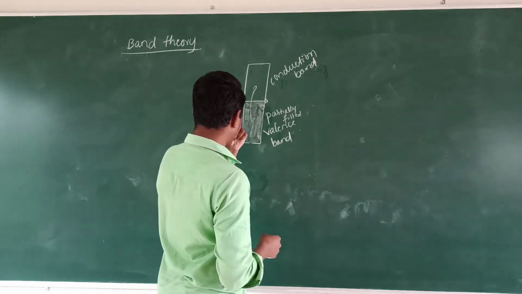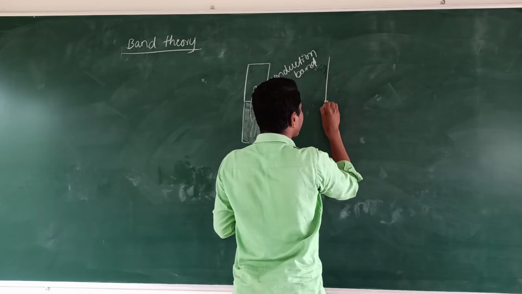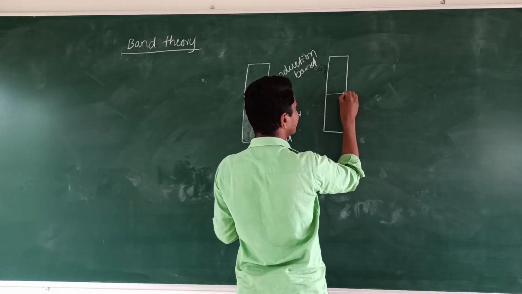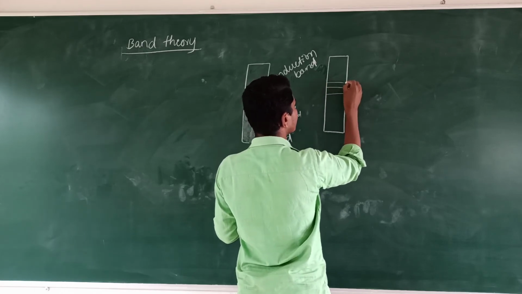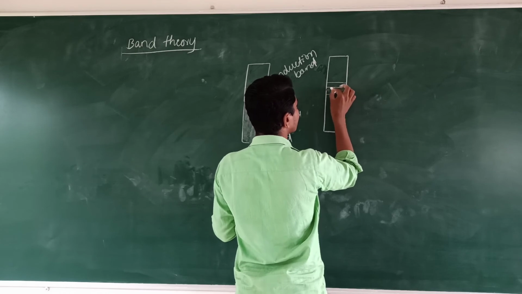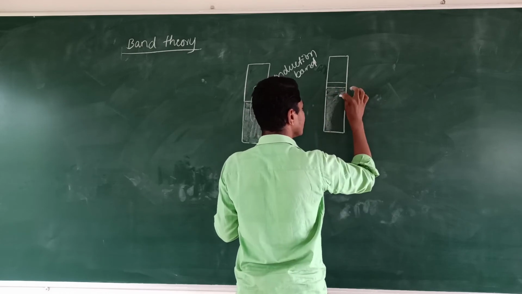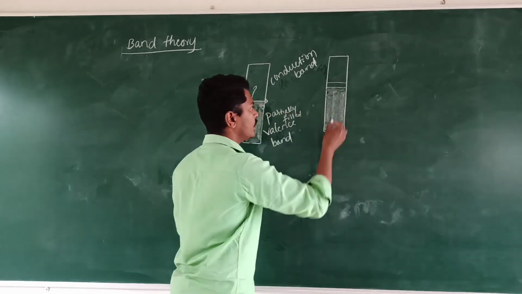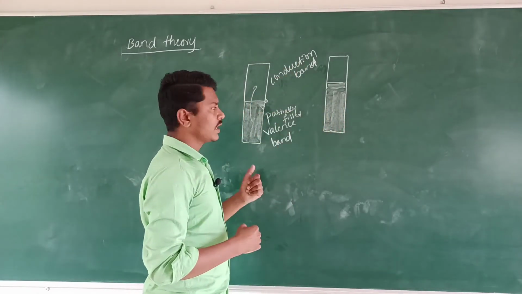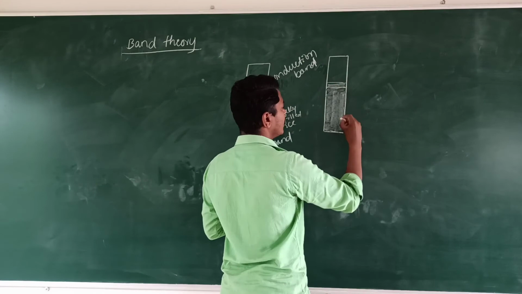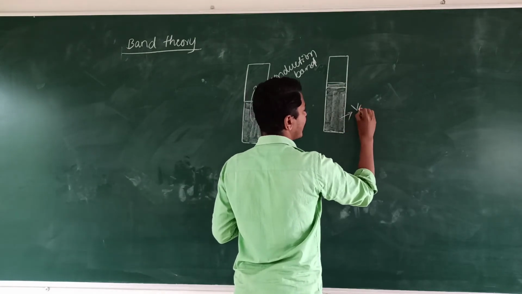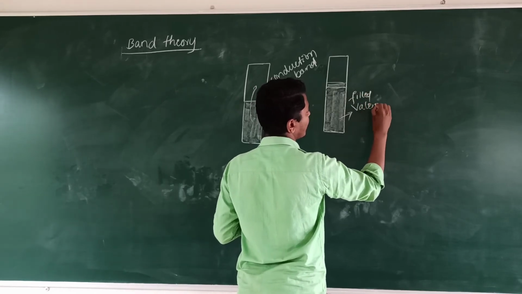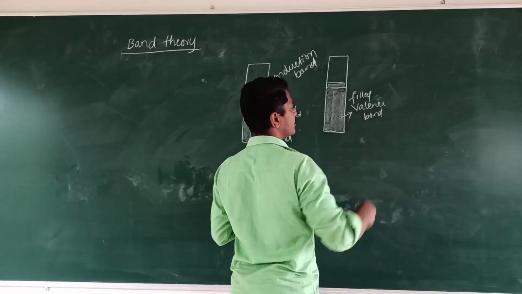In case of metals with completely filled orbitals, completely filled bands, what happens here? This is the filled valence band.